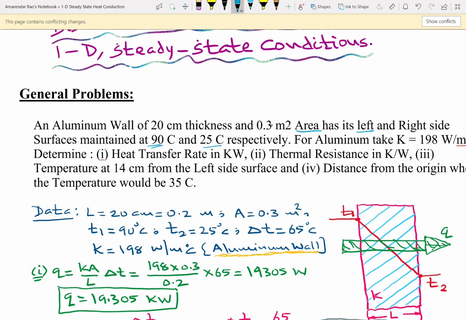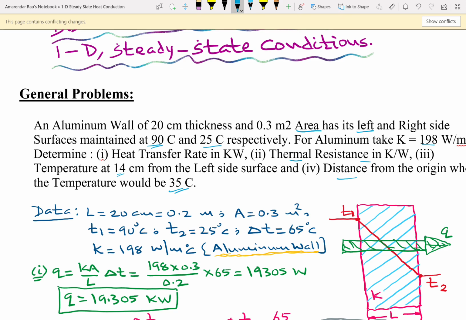From data books for aluminum, K can be taken as 198, and I would like to determine the heat transfer rate in kilowatts, the thermal resistance in Kelvin per watt, the temperature at some location 14 centimeters from the left side surface, and the distance from the origin where the temperature would be 35 degrees centigrade.